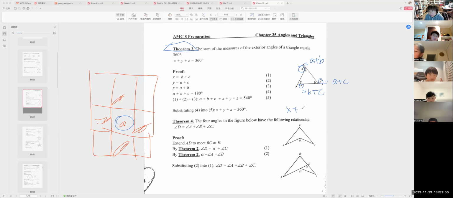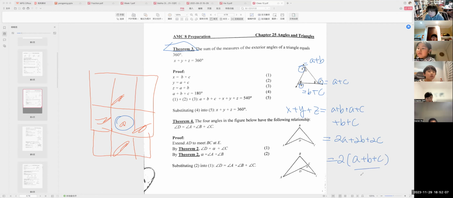And x plus y plus z actually equals a plus b plus a plus c plus b plus c, correct? So altogether it equals 2a plus 2b plus 2c. And I can just take out 2, which equals 2 times a plus b plus c. So a plus b plus c equals what? 180, right? So 2 times 180 equals 360. So that's why the triangle's exterior angle sum equals 360.